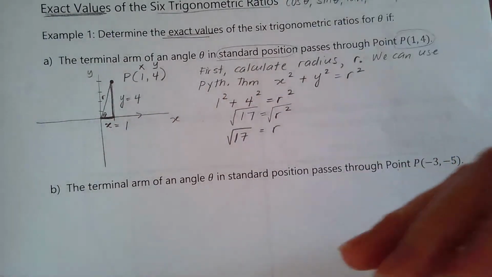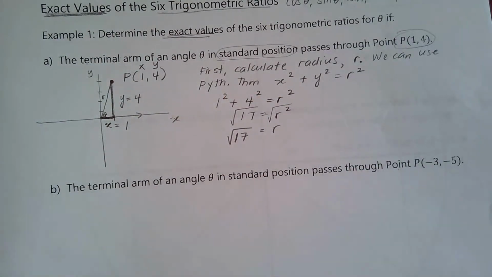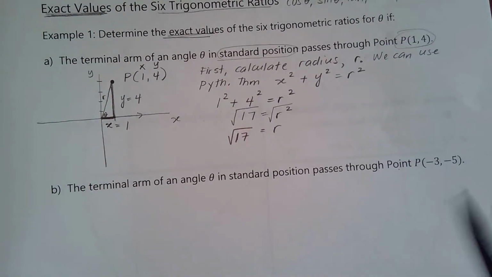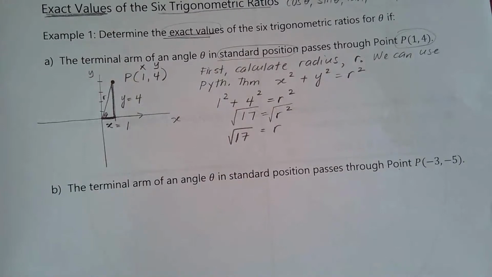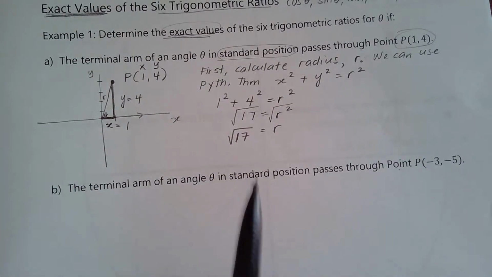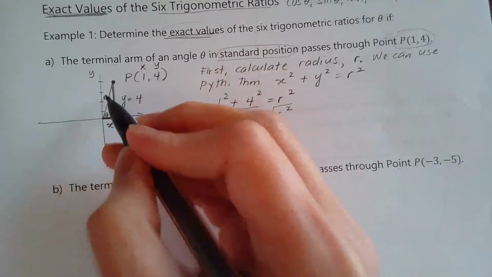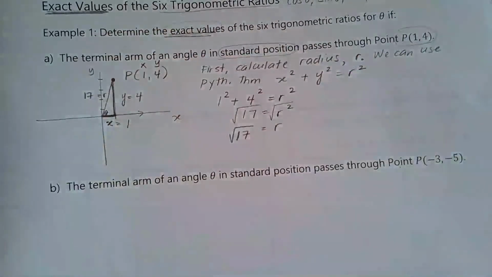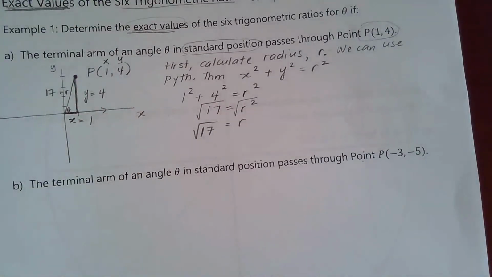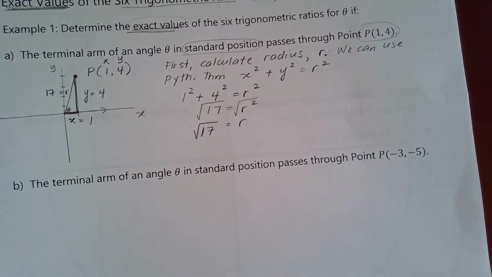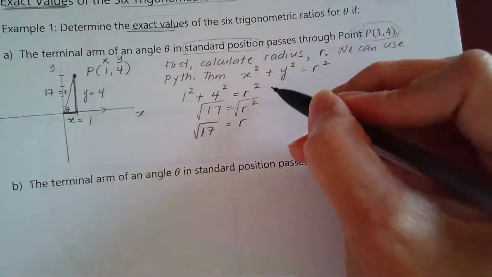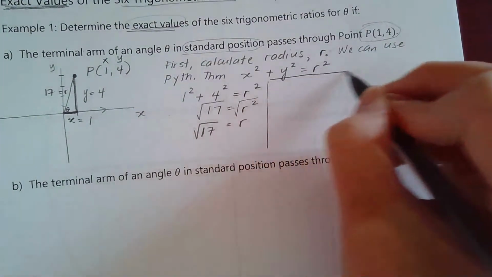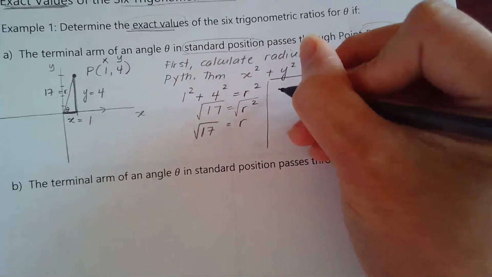Okay, so if we start typing root of 17 on our calculator, we're going to end up with the approximate value. We don't want to do that. We want to have the exact value. Okay, so now that we know the radius is root of 17, we can write down our trig ratios. Start with cosine.